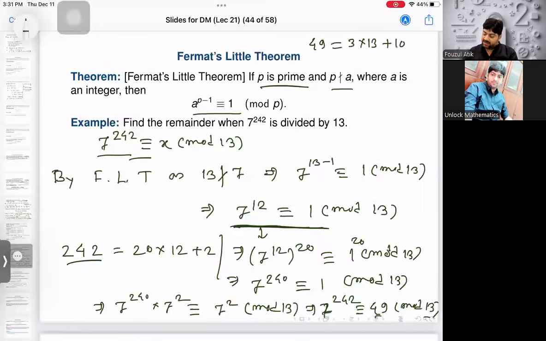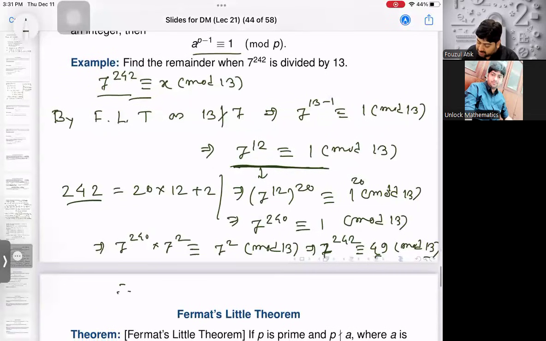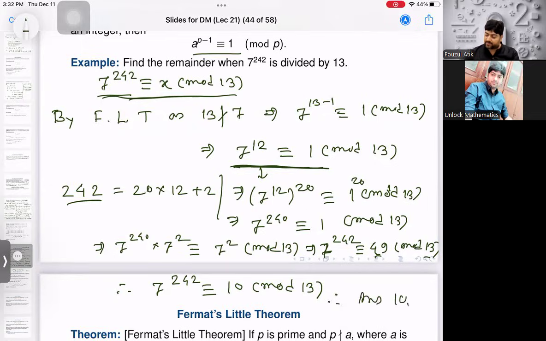So this part I can remove, and the 10 will be the answer. Therefore 7 to the power 242 is congruent to 10 modulo 13. I actually got the solution of this equation, which gives you the remainder when you divide 7 to the power 242 by 13. So the final answer is 10.